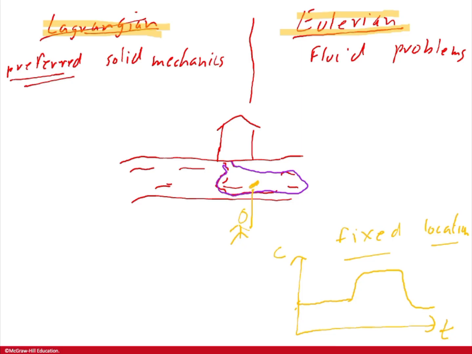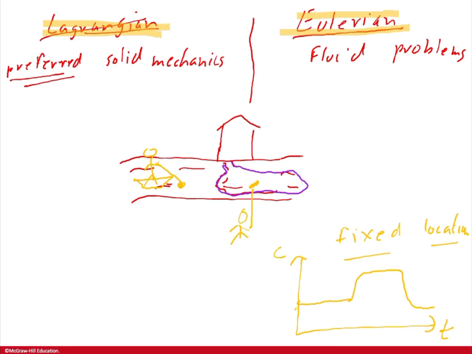An alternative way is, let's say you are in a boat, right? It's not a motorized boat, it's just a boat that is floating in the river with the current. And now you have a person. I'll draw a stick figure, do my best. And this person has a probe and he's inserting the probe into the water, right?